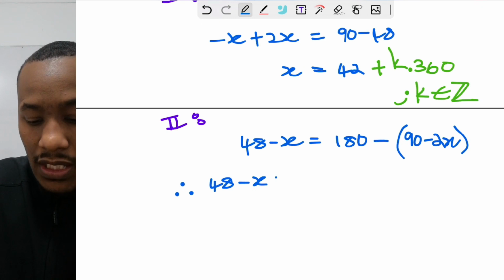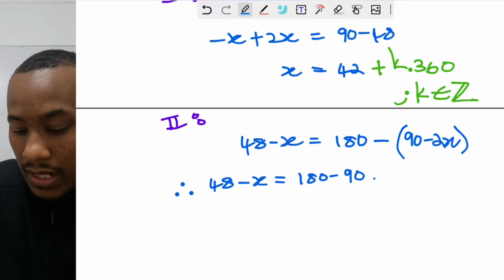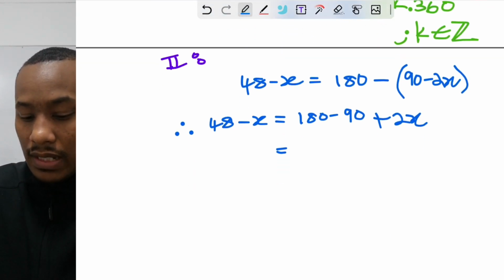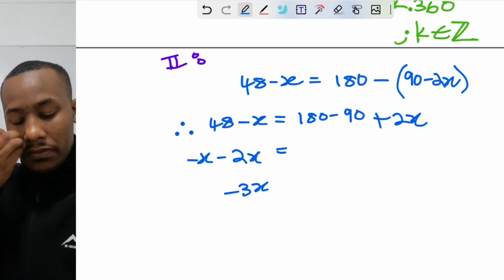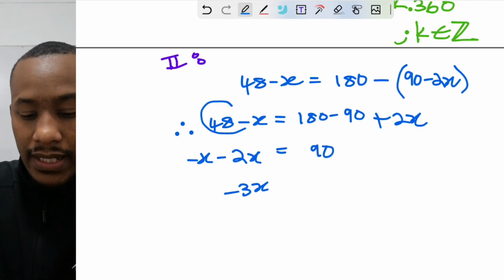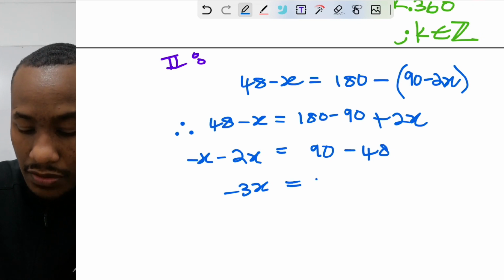48 minus x equal to 180 minus 90 plus 2x. Just to simplify over here, I'll take the 2x over, and then this gives me a 3x. 180 minus 90 is 90, and then I take that over, and so this gives me 42 again.